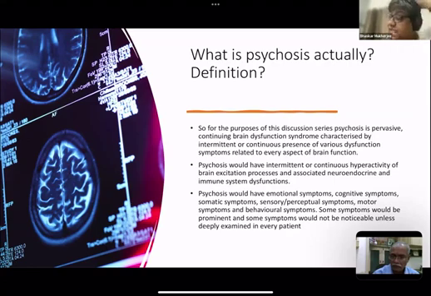For example, akathisia is a very common motor symptom that we attribute to drugs only, but it is as much a symptom of psychosis as it is a symptom of drug-induced motor dysfunction.